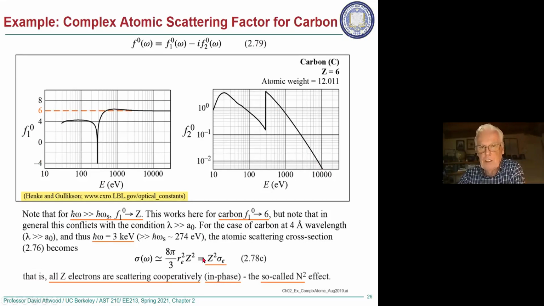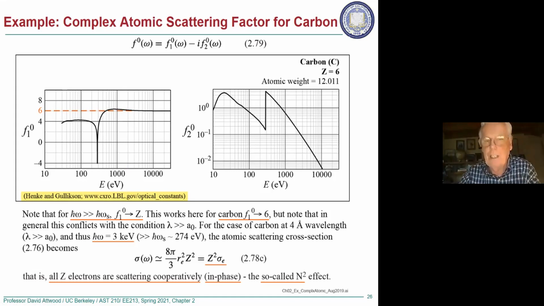So this is an interesting example because this is saying that for a carbon atom, let's say for a photon energy of 2000, the wavelength is still long compared to the size of the atom. So all 6 of those electrons are oscillating together in phase, in every direction.